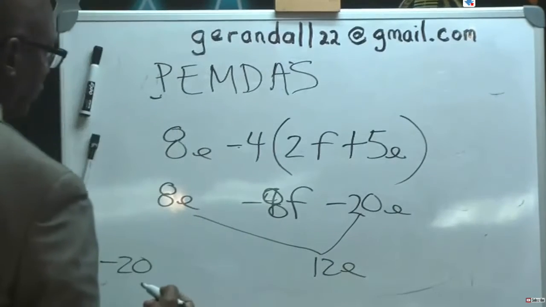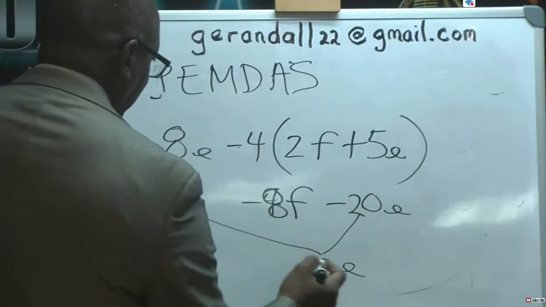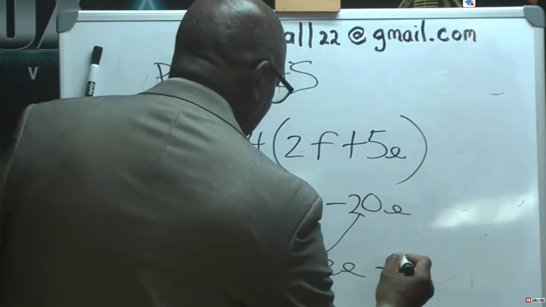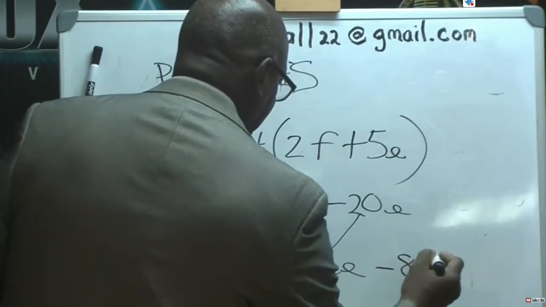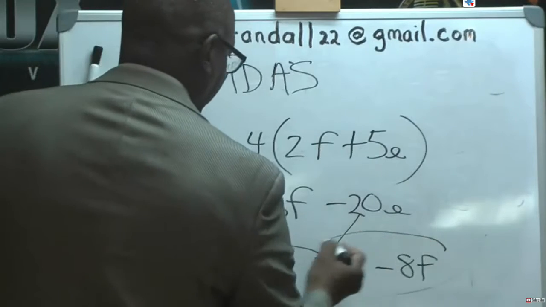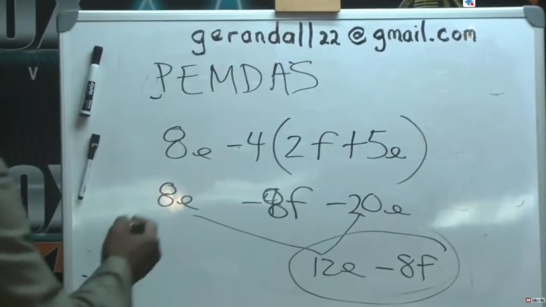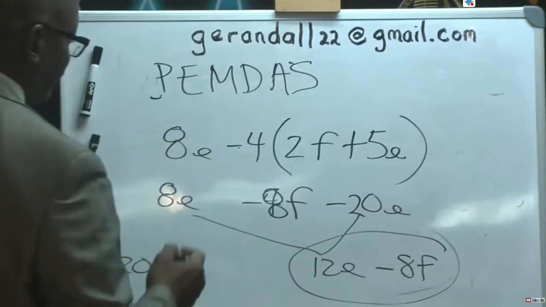And they want you to list them in alphabetical order, so in this case it would be minus 8f. Final answer. Again, no numeric answer, because we have not gotten to where we're always given values of the variables.